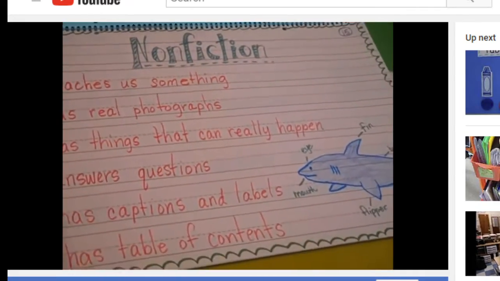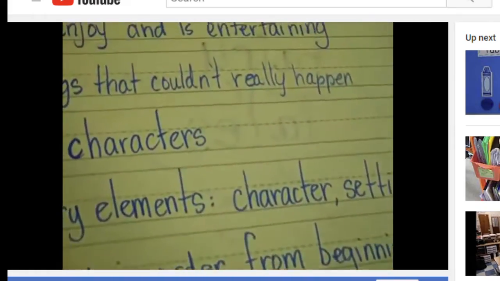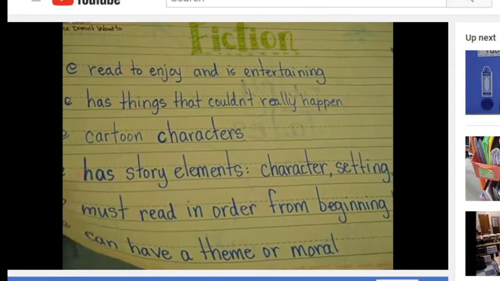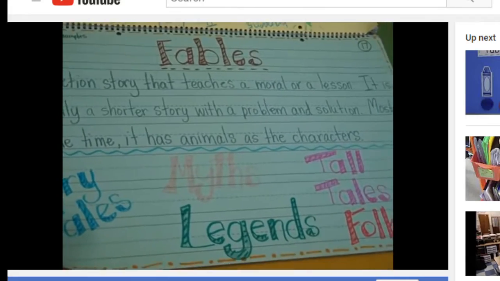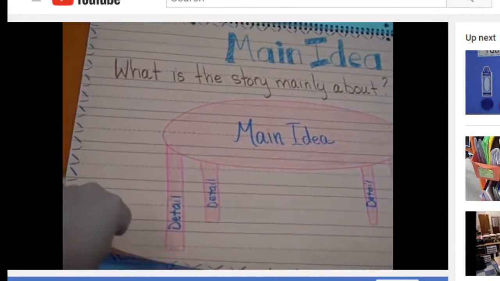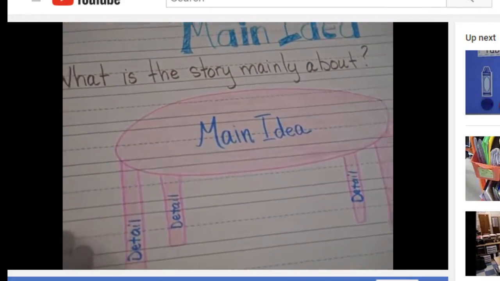So then I have some text features of nonfiction, using captions, labels. Fiction. What is fiction? What is a fable? What is main idea? And I use the table, like this is the main idea of the story and the details are the legs.